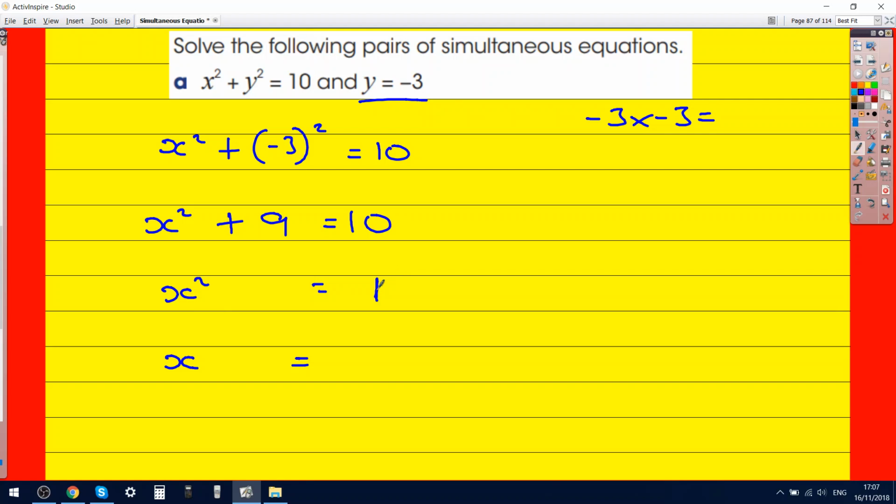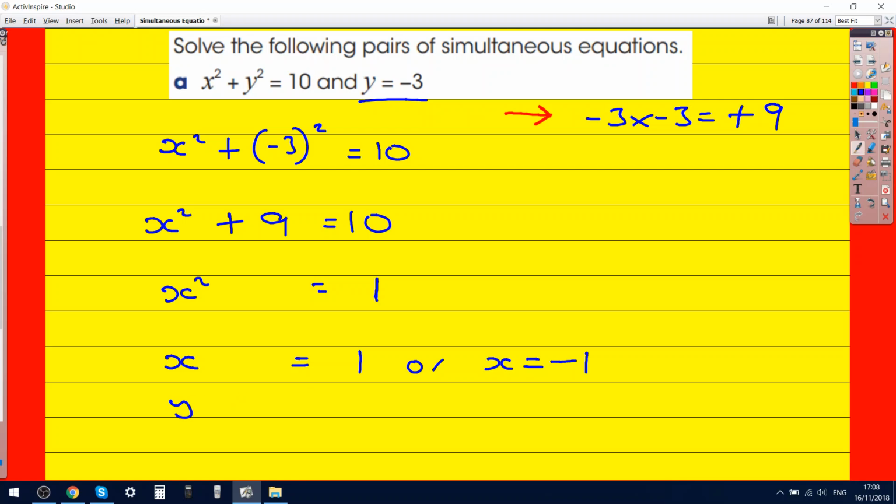Is there another similar number that when you square it you also get 1? No. I don't think so. It might remind you of this bit up here. -1 times -1. Yeah. And so x equals 1 or -1.